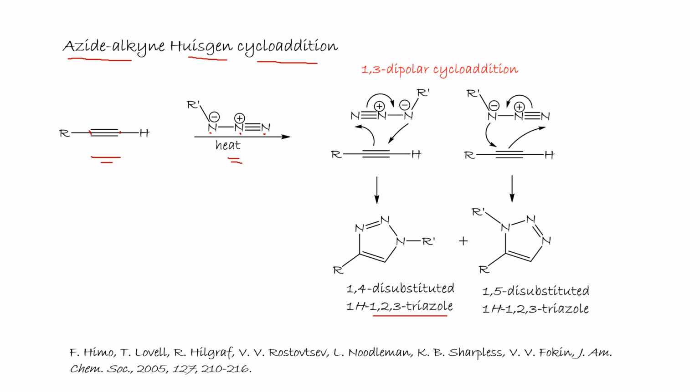Either the nitrogen carrying the negative charge will be facing the right hand or the left hand position to give either 1,4 disubstituted or 1,5.